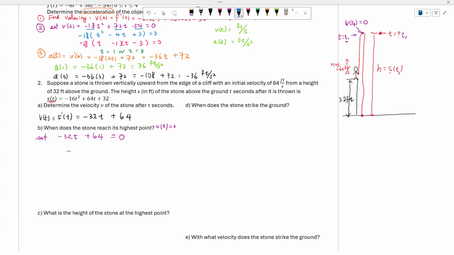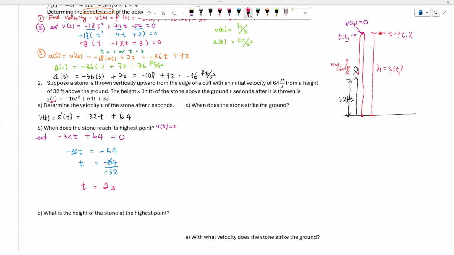I just need to solve for t. Then of course I find out that 2 seconds later, I reach the highest position.